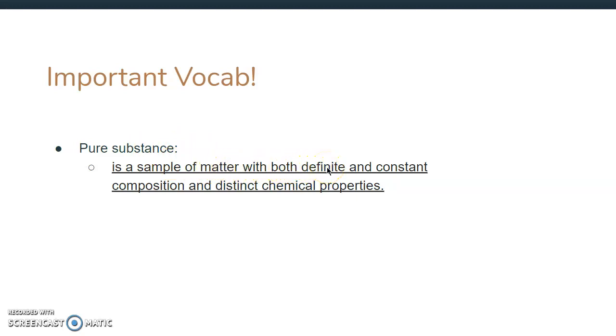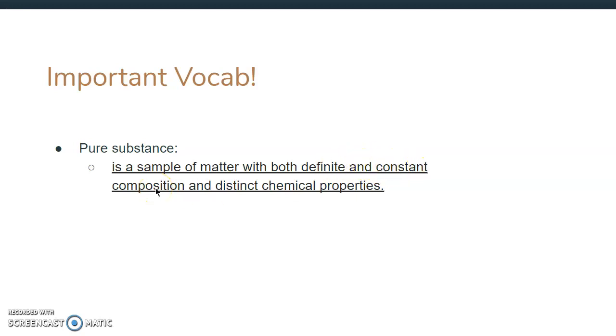What does definite mean? I often like to think about a defined amount of material. So maybe 3 oranges is a defined amount. It's definite, rather than saying, oh, we have a bunch of oranges or a lot of oranges. It's very precise.